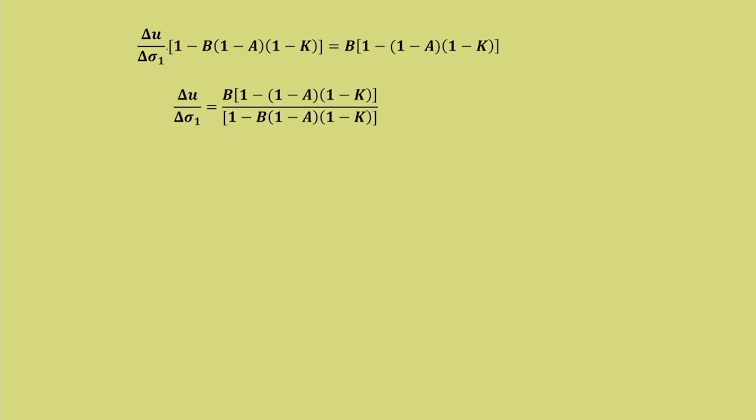So again we get the expression in terms of delta u by delta sigma 1, but instead of the stress ratio, it is now in terms of the coefficient of lateral earth pressure: B into (1 minus A)(1 minus K) by 1 minus B into (1 minus A)(1 minus K).